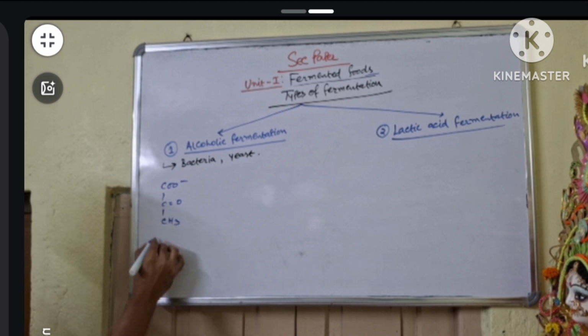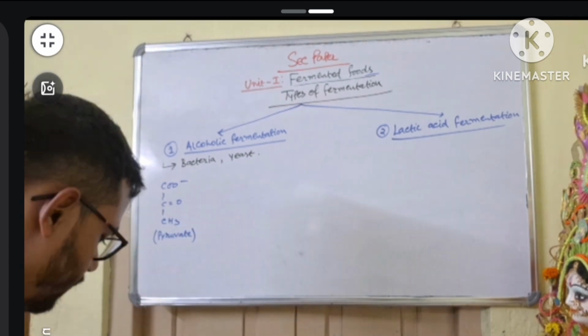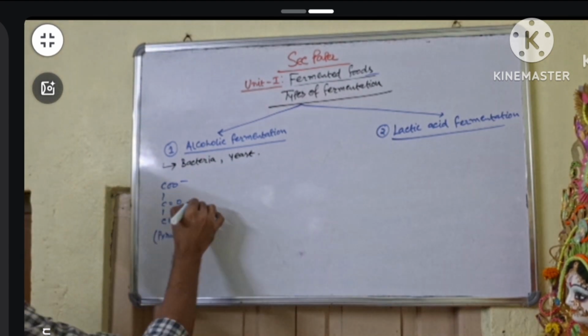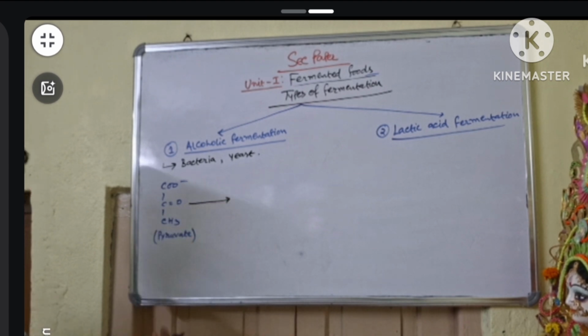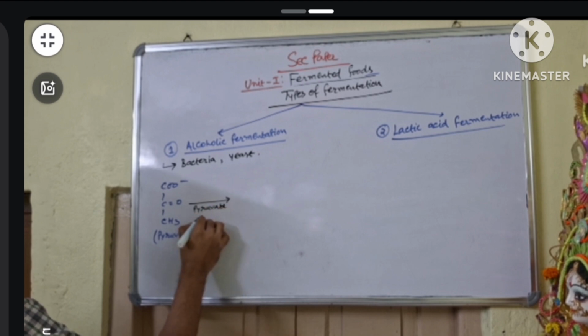Pyruvate is first converted to acetaldehyde with the enzyme pyruvate decarboxylase.